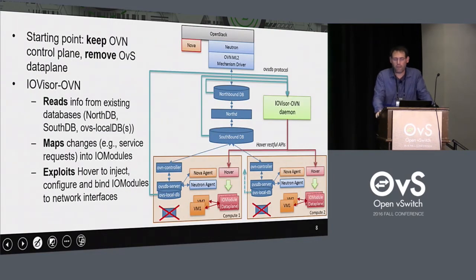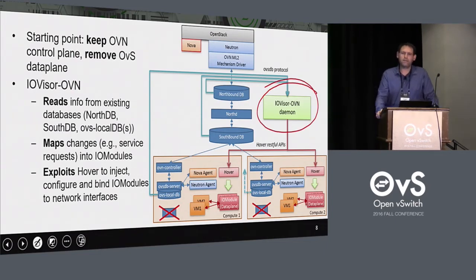So, okay, that's OVN. What about our prototype? Our prototype takes OVN, possibly unchanged or with very little modification. It keeps the OVN control plane while it removes the OVS data plane. So basically, we added this IOVisor OVN daemon that is in sync with all the databases that are already present there.